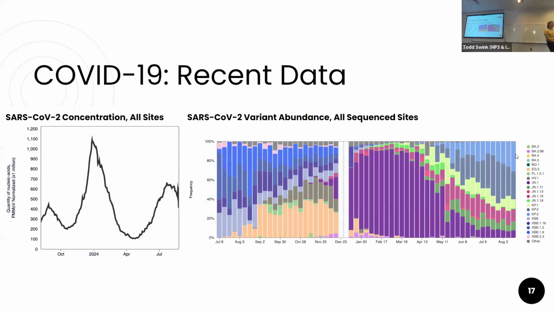We can come up with the likely proportion of different variants in wastewater, and that has lined up really well with the proportion of clinical cases sequenced that are assigned to each of those variants. Right now we're doing this on a subset of our sites, around 30, that we do regular sequencing on. This plot is from our website.